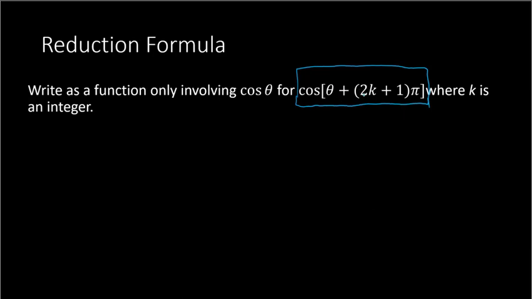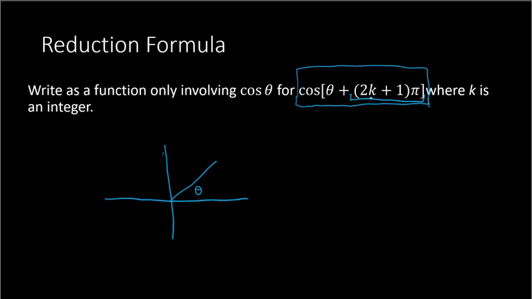When you do this, you have to think through what effect this part has, because you're starting with an angle. It may be helpful if you draw this out. So you have an angle, we'll call that theta, and then we're adding 2k plus 1 times pi, where k is an integer.